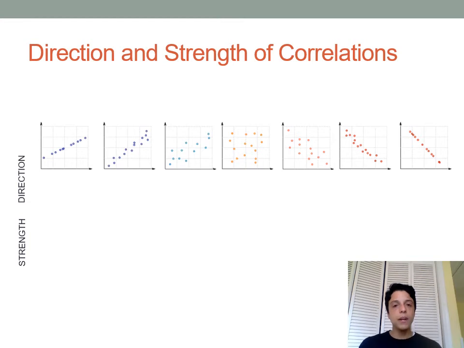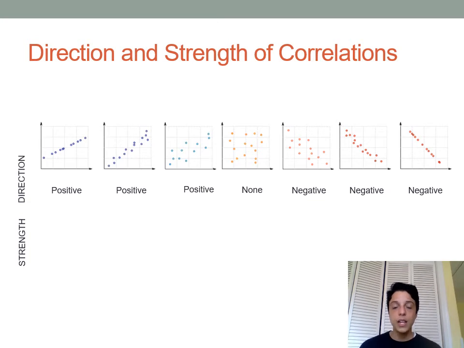So when thinking about direction and strength of correlations, you can combine the two ideas to get a picture that looks like this. Here we have examples of correlations that are positive, but they differ in how strong they are. And here we have correlations that are negative, but they also differ in how strong they are. This is a very strong positive correlation, so it's pretty much just a straight line sloping up.